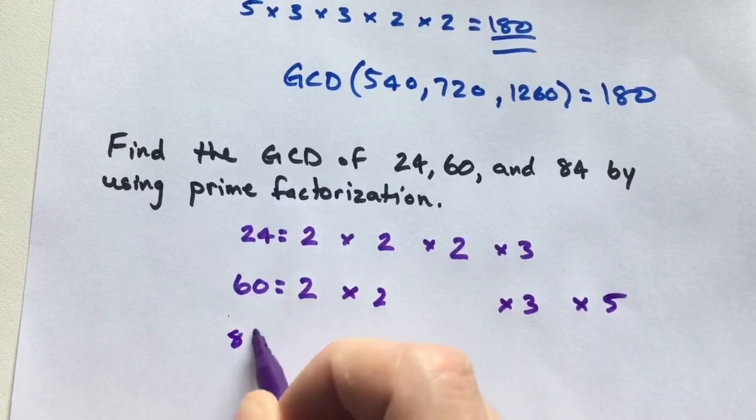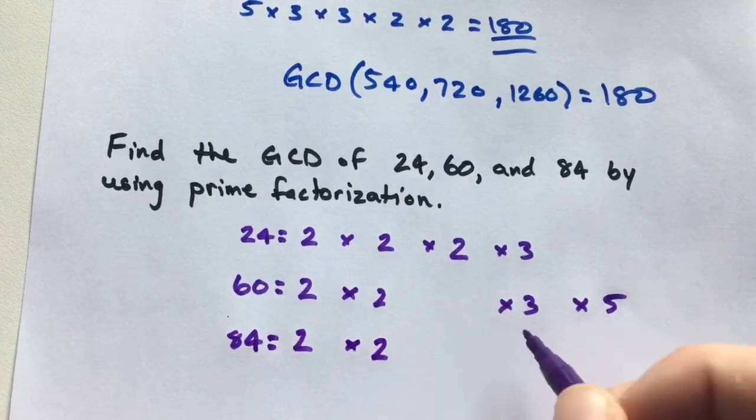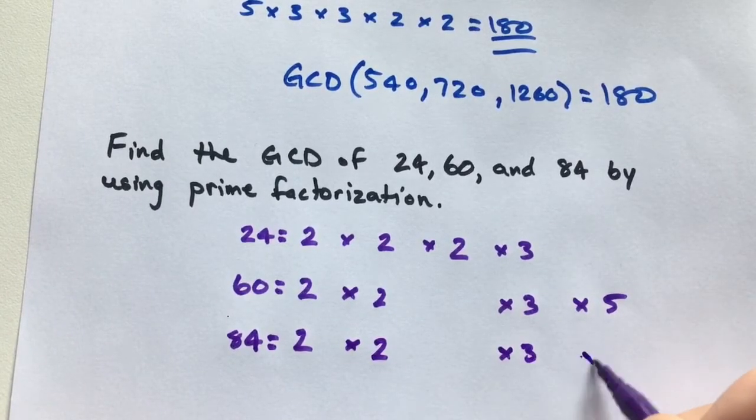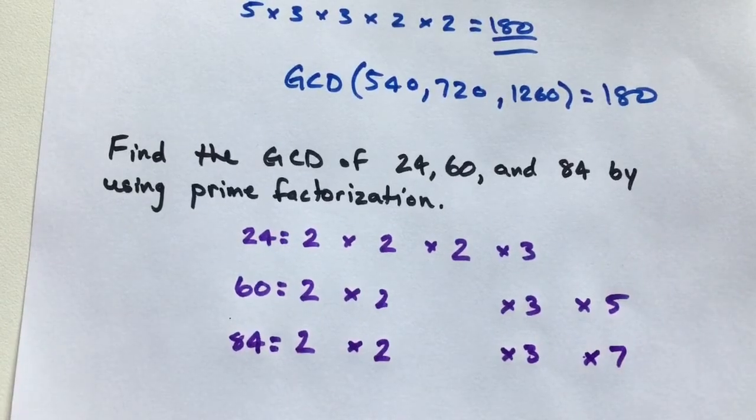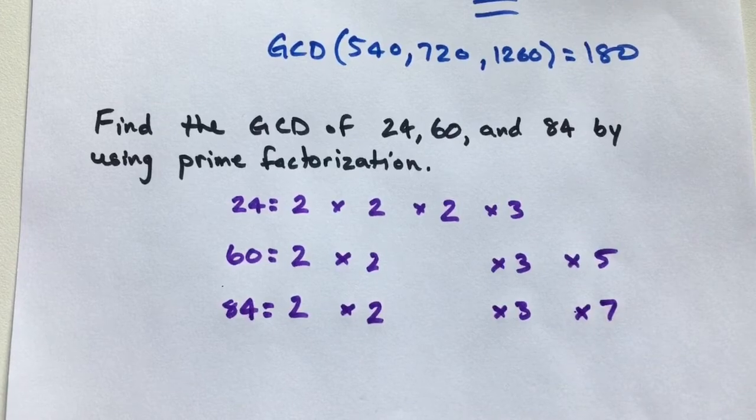And 84 factorized is 2 times 2 times 3 times 7.